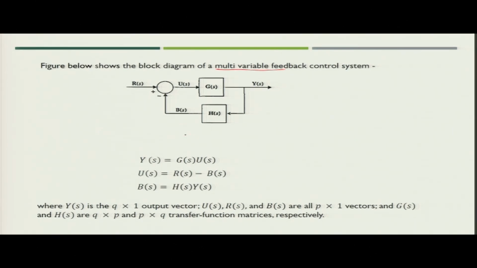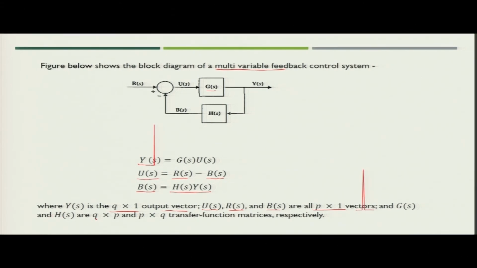Now, if you find the value of Y(s), you can simply write G(s) into U(s). U(s) you can write as R(s) minus B(s), and B(s) you can write as H(s) Y(s). As we discussed, Y(s) is a q by 1 output vector, and U(s), R(s) and B(s) are p by 1 vectors.